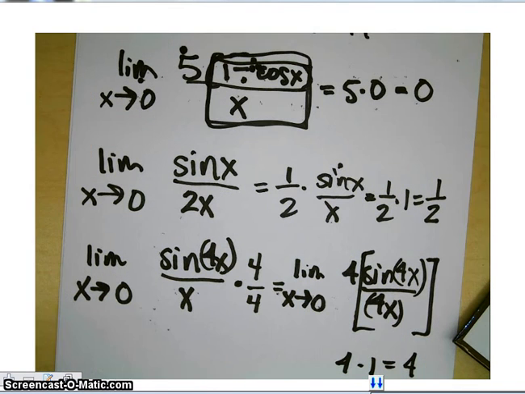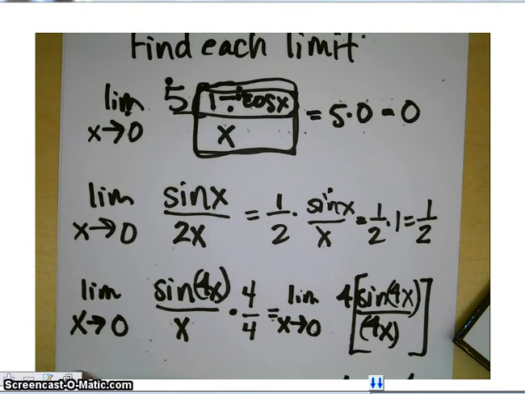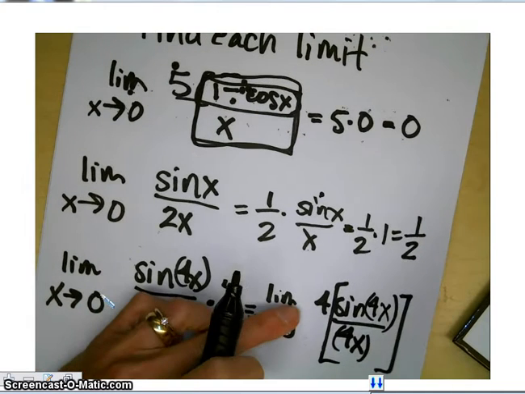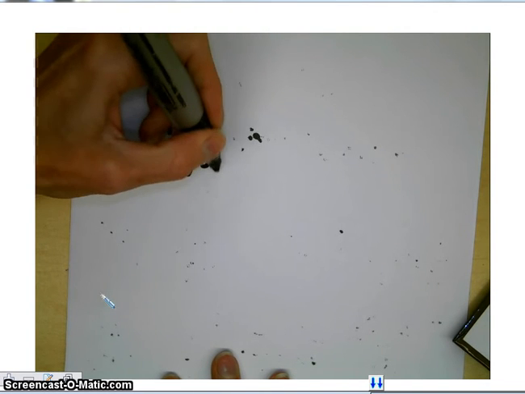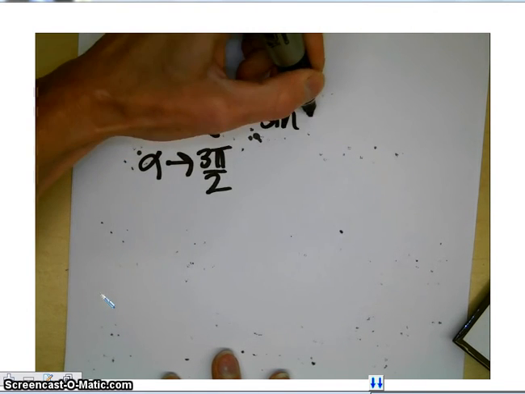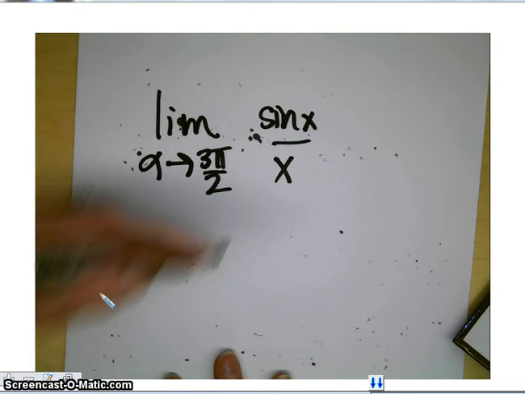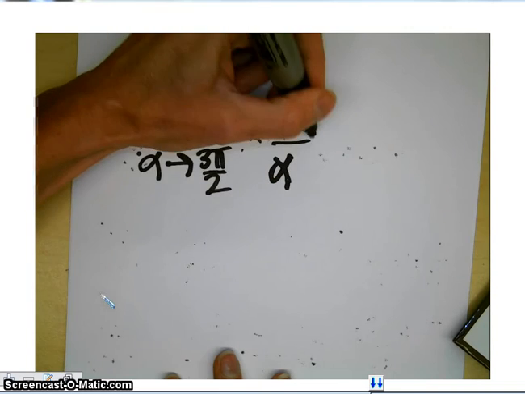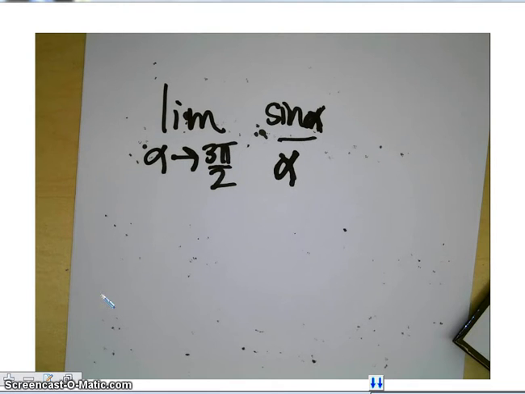Does x always have to be going to 0? Yes, x always has to be going to 0, because they'll really try to mess you up on this section of your homework. I'll show you what they're going to try to do. They're going to say something like, what is the limit as alpha goes to 3 pi over 2 of the sine of alpha over alpha? Alpha's the same as x. Beta, gamma, whatever Greek letter they decide to throw in there.